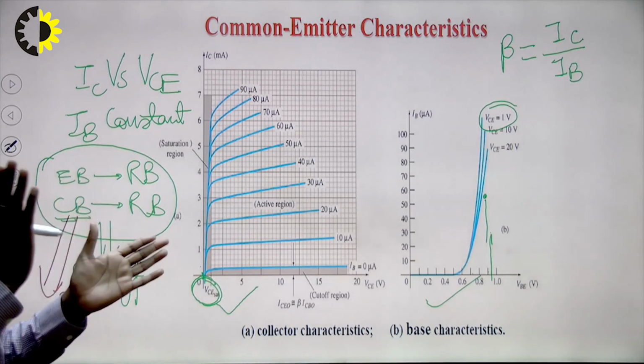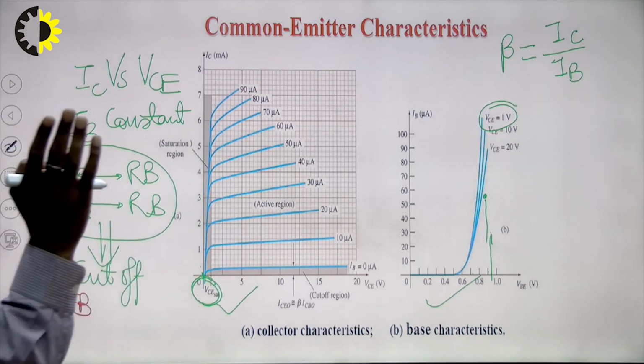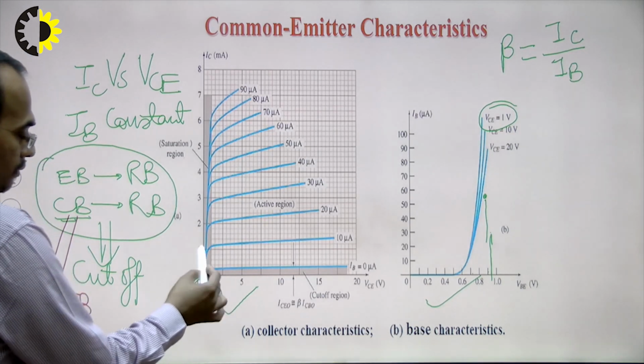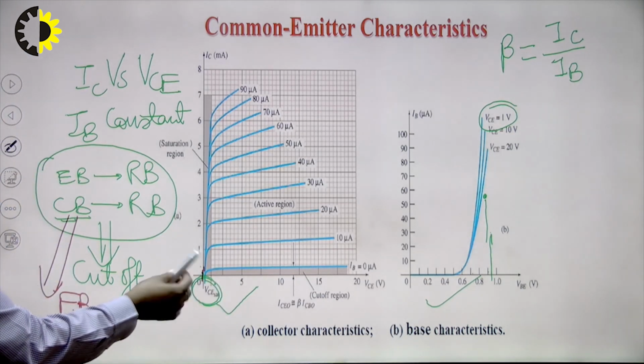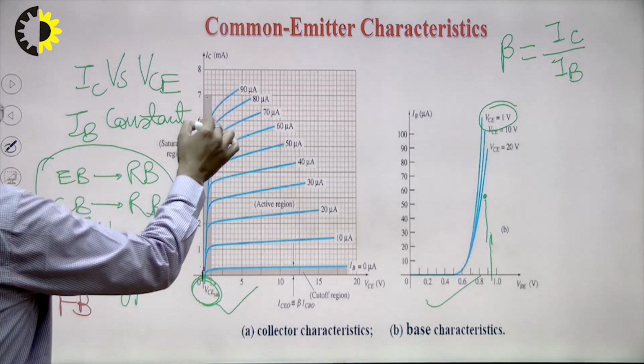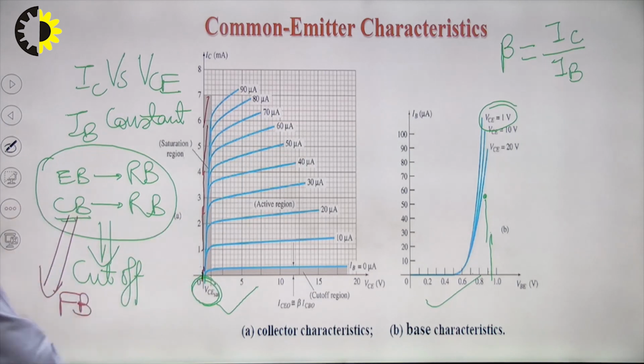In that case the transistor will operate in the saturation region. Before this particular value Vc saturation, the transistor will operate in the saturation region, as shown in this figure.